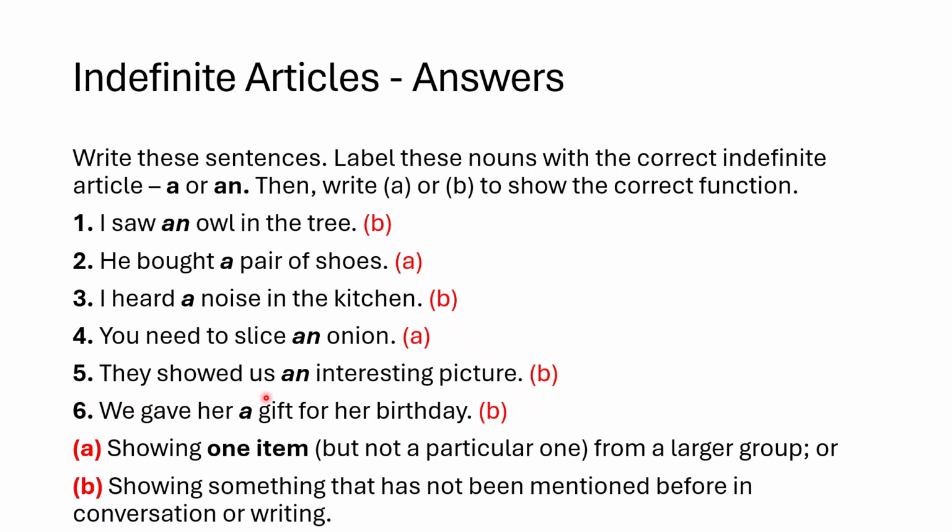They showed us an interesting picture. An is showing something that has not been mentioned before in conversation or writing. 6. We gave her a gift for her birthday. A is showing something that has not been mentioned before in conversation or writing.